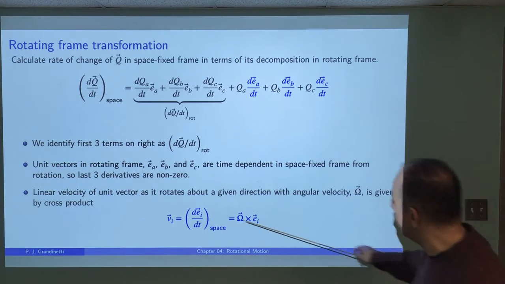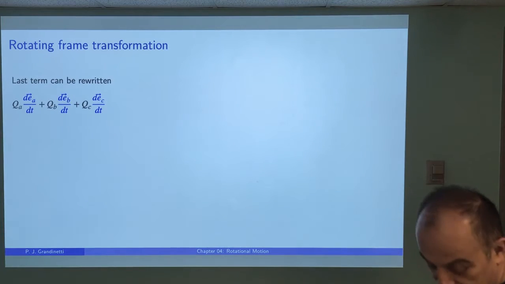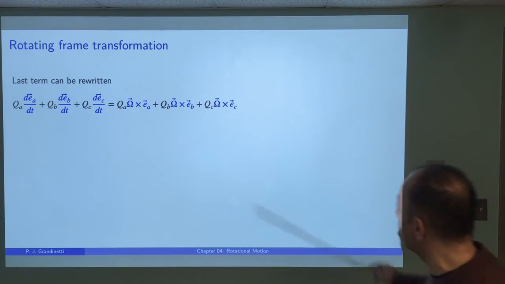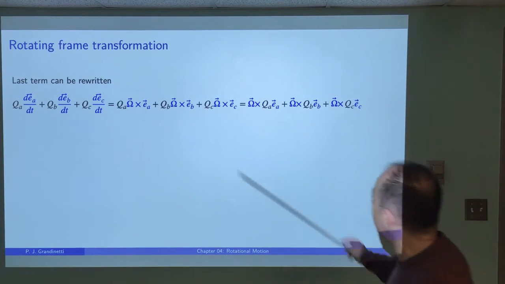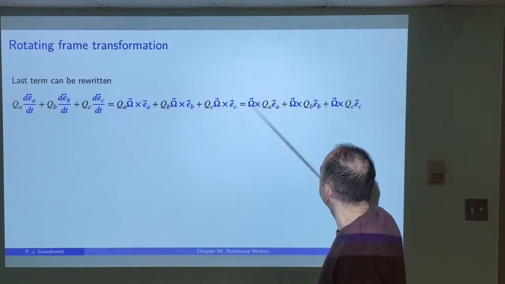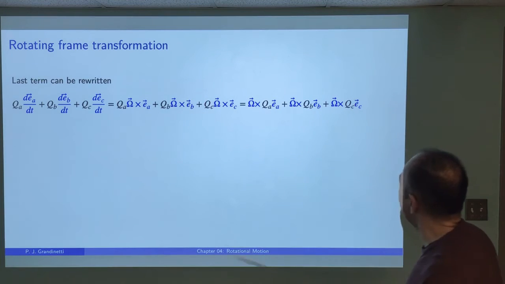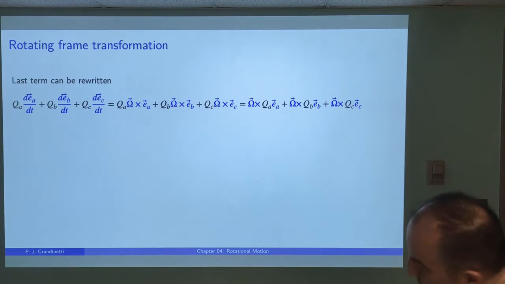That means I can replace these derivatives with this expression. I'm going to take each of those derivatives and replace them with the corresponding cross product, and do a little rearranging. I'm going to move these components, q_a, q_b, and q_c, over next to the unit vectors. And of course you recognize these as just the total vector.